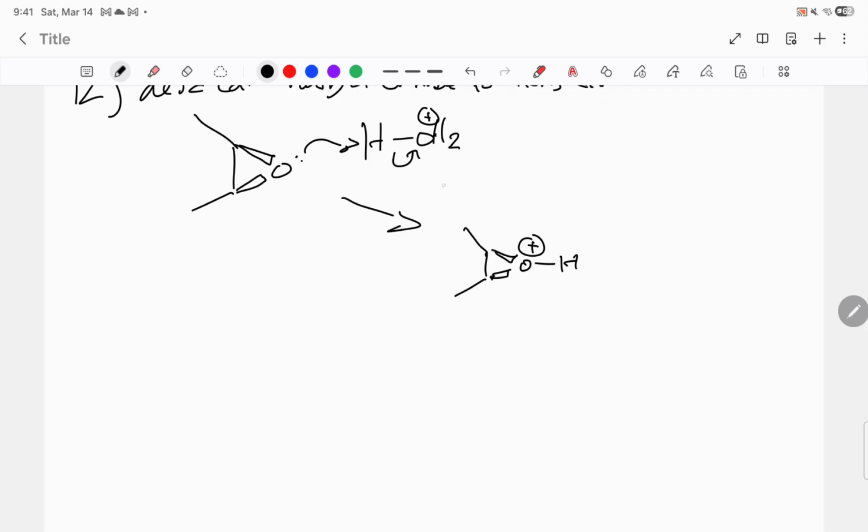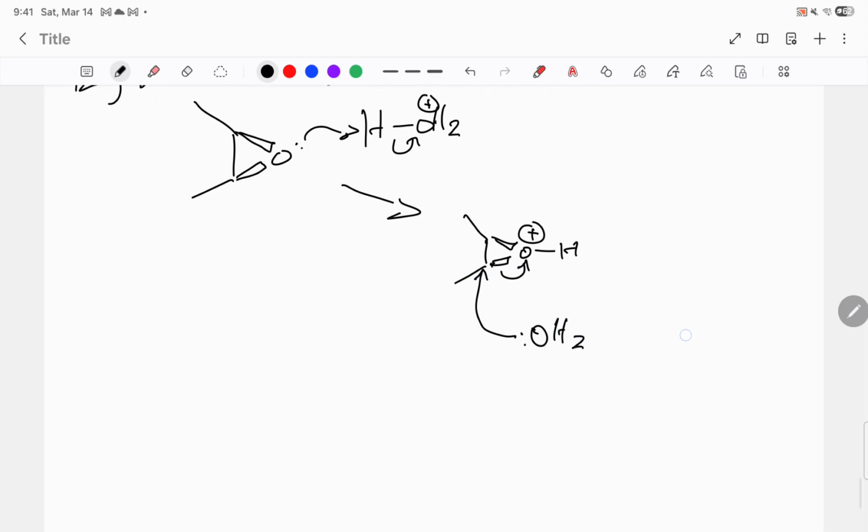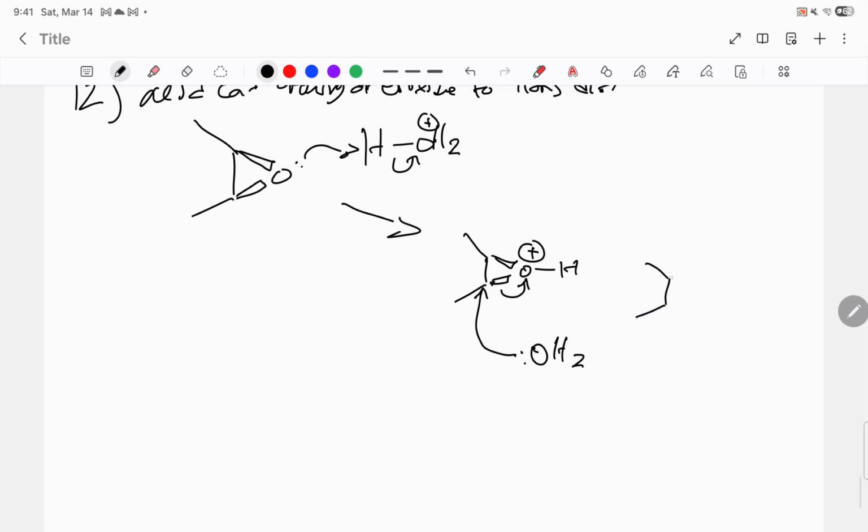Well, I have just generated a water. That water is going to come and open up the ring. Boom. And now I have one alcohol here, and now I have one alcohol here. Note that this reaction is stereospecific.